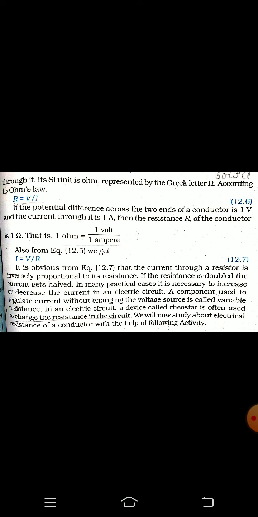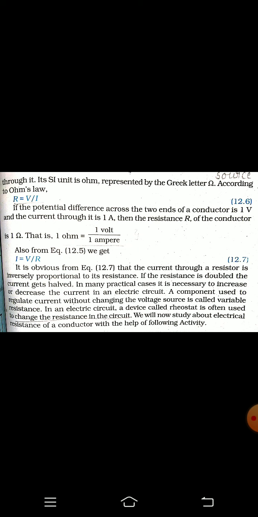From this we can say that the current flowing through a resistor is inversely proportional to its resistance. Why is it so? In the formula we can see I is equal to V divided by R. That means I and R are inversely proportional to each other. Is it clear to you all?